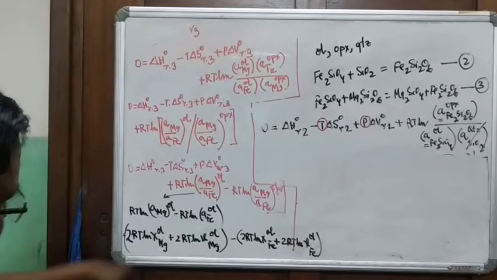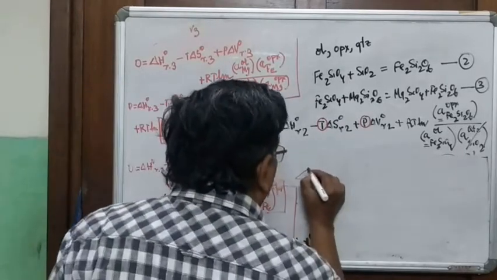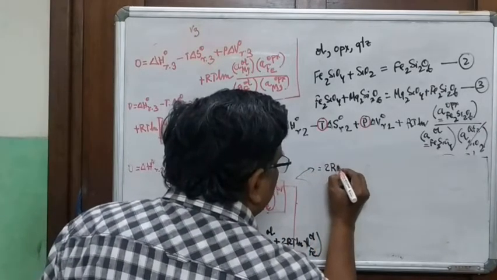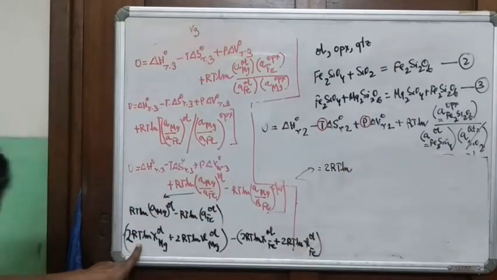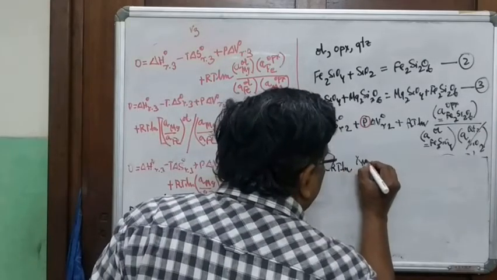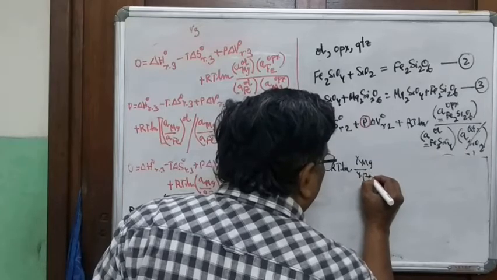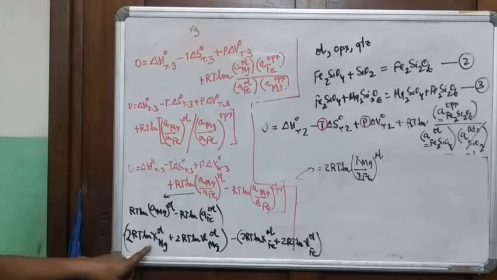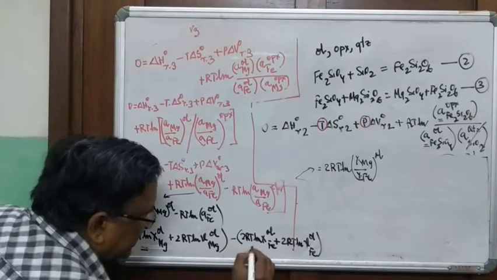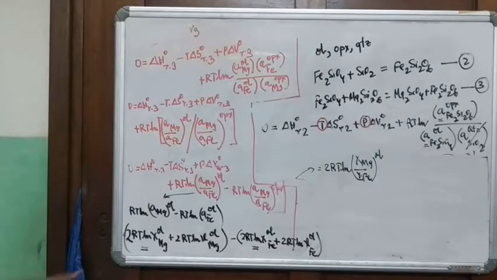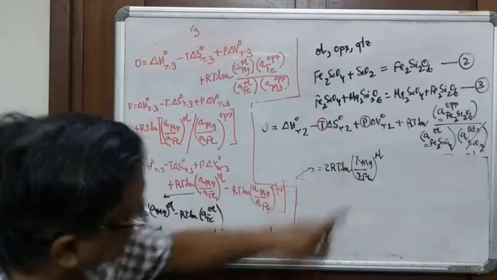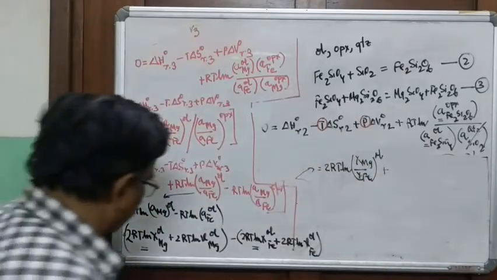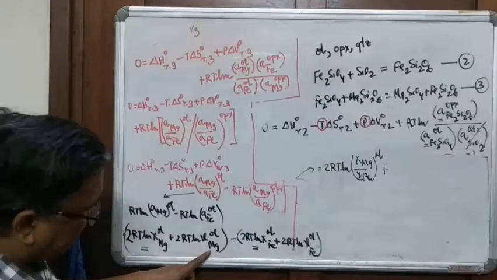If I do this, then from here I can write 2RT ln XMg by XFe olivine. This term and this term are gone. This term and this term are taken into this term. Plus RT ln gamma Mg olivine.